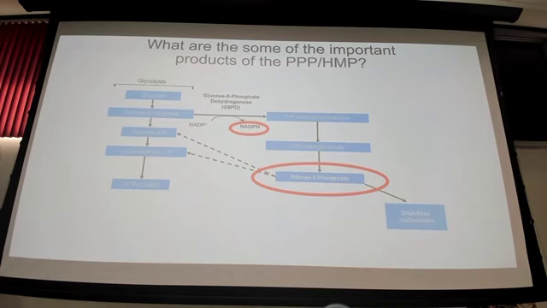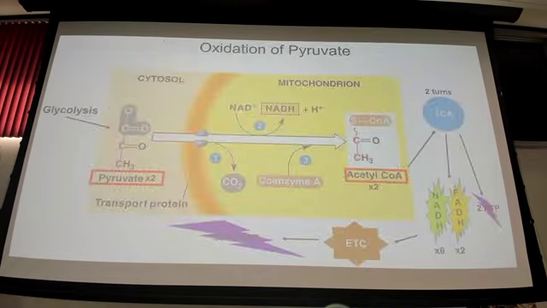No? Okay. This is one of those intermediate steps that I was talking about. The oxidation of pyruvate is very important. Also remember where these steps take place in the cell. Where does glycolysis take place? The cytosol, correct. In order for the TCA cycle to begin, that pyruvate must be transported into the mitochondria.